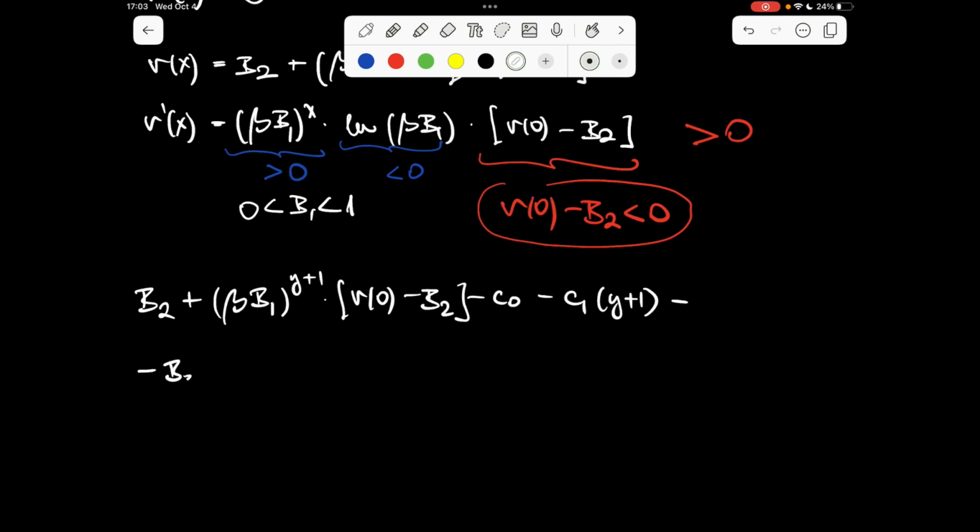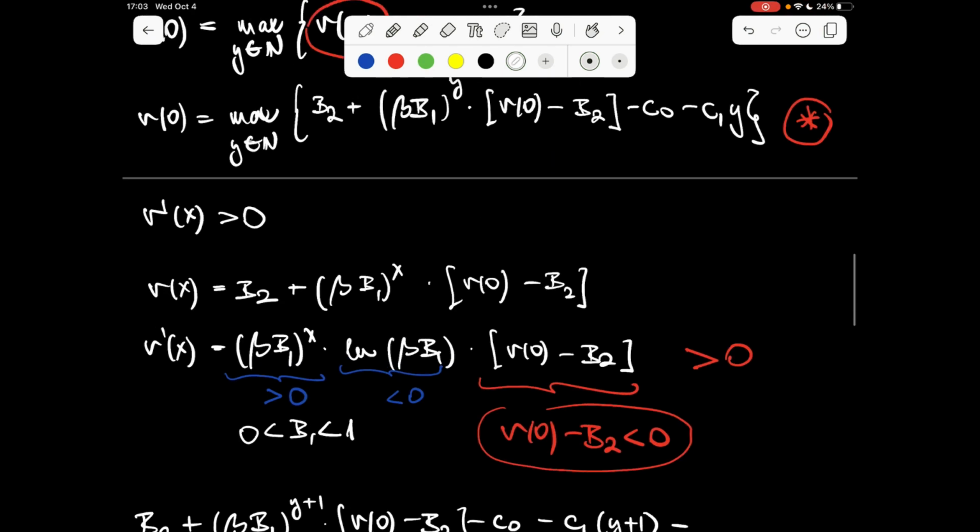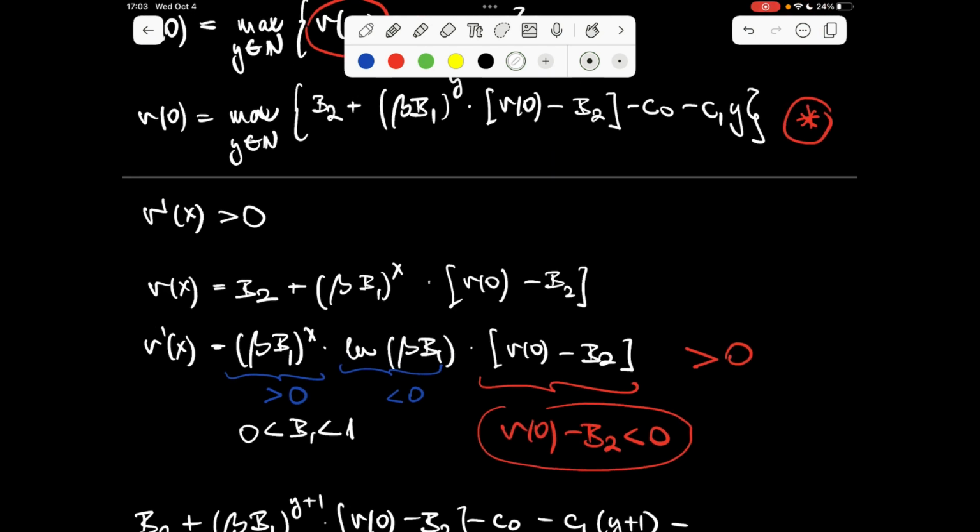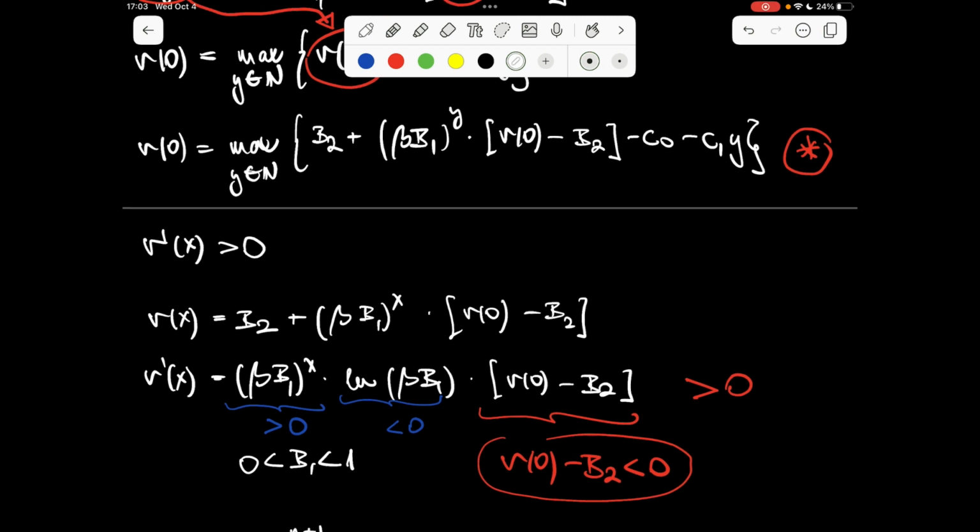And this is the case where the order size is smaller by 1. Okay, so we are working, just to be precise, with this equation.